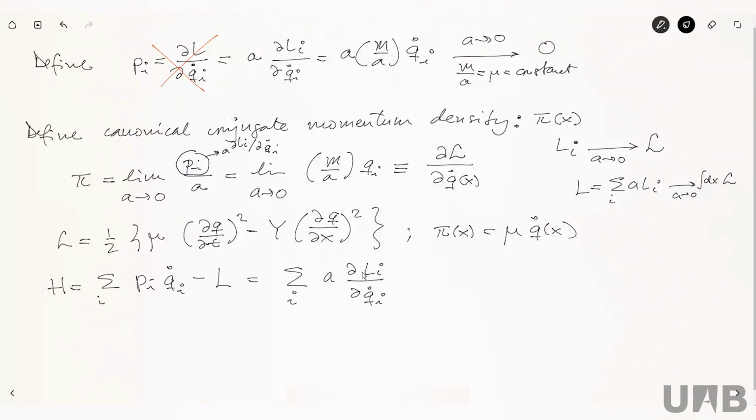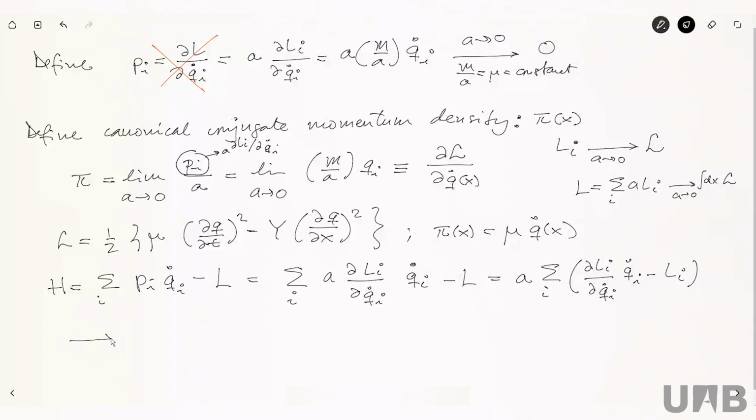So this is what I'm writing, times Q dot i, minus L. And this is the same, I pull out an A. So the sum over i of the derivative of Li with respect to Q dot i times Q dot i, minus Li.